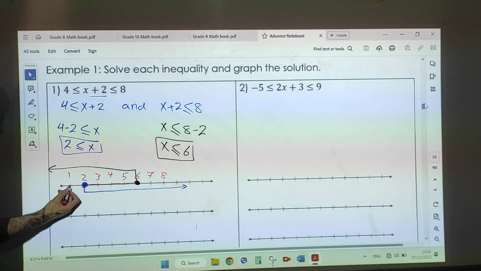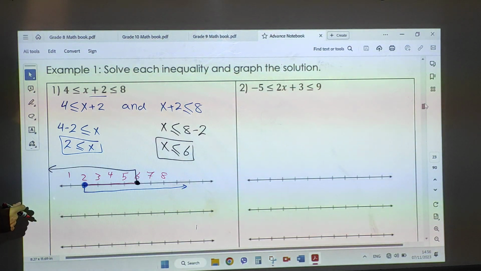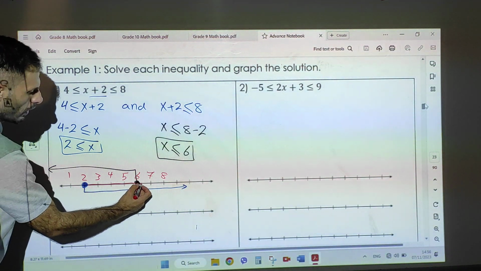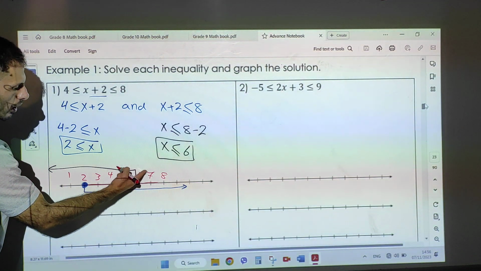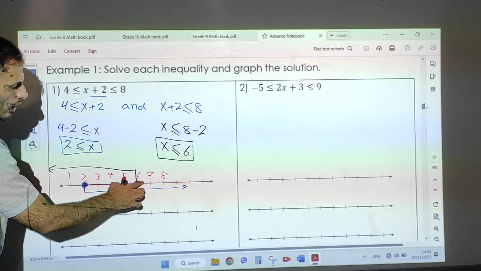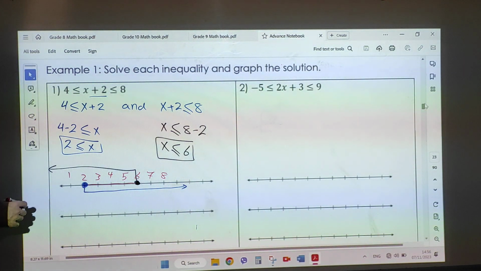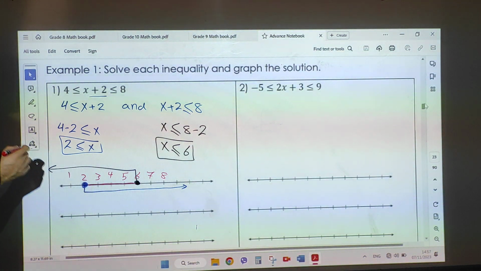If I check this side, I see that this is not a part of the solution for the blue one; the blue didn't come here. And if I check this side, I see this is not the solution for the black one; there is no black on this side. So I cannot show that when the question is AND. In AND, you only show the part which is the common solution for both parts.